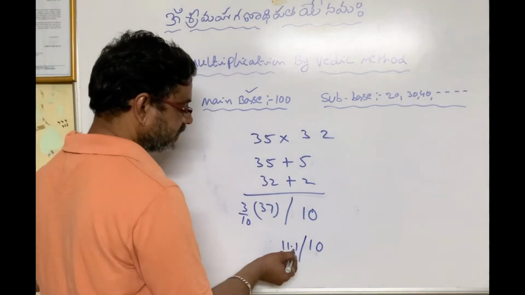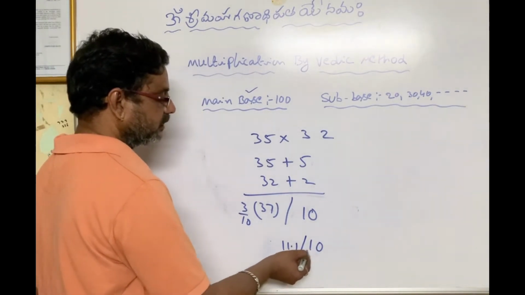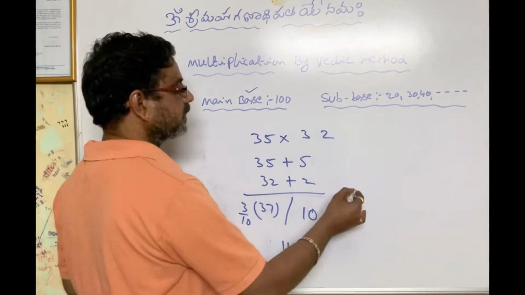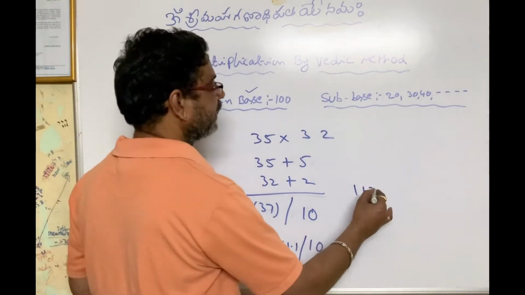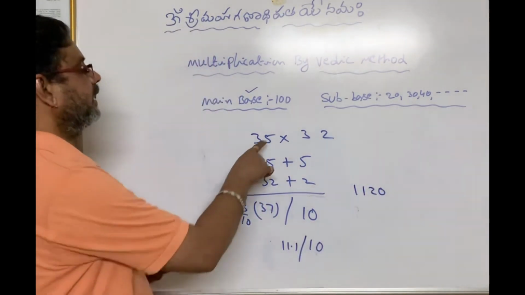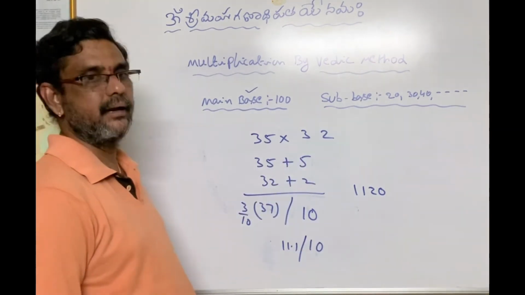Now we need to carry the 0.1 to the first part of the answer, then it becomes 10. So the answer is 1120. 35 into 32 is 1120.